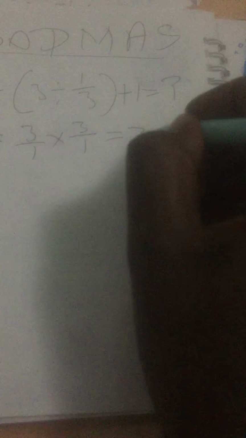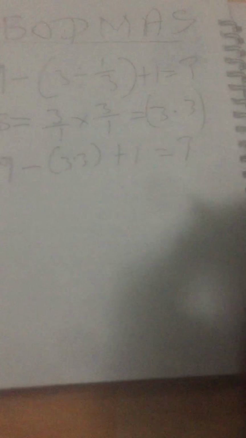So you now have 3/1 multiplied by 3/1. This gives you 3 times 3, which is 3 by 3.